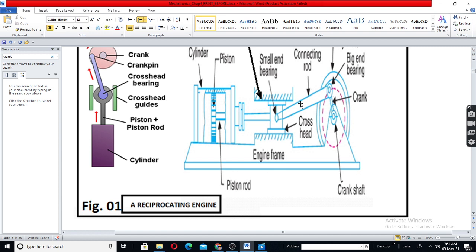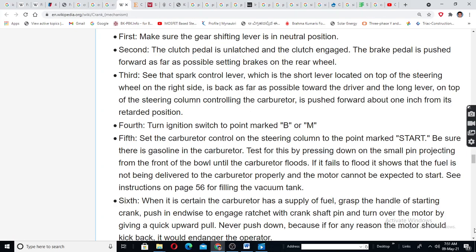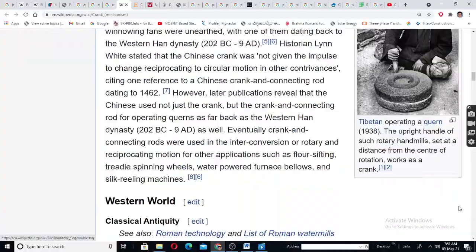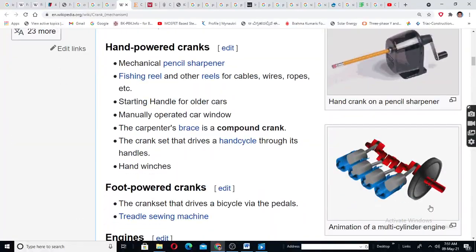Both connecting rod and crank arm. This is the crank arm or crank. Now this crankshaft will be mounted on the bearings. Here there will be a bearing and here there will be a bearing. These are the main bearings. What you have here and here are the small and big end bearings.